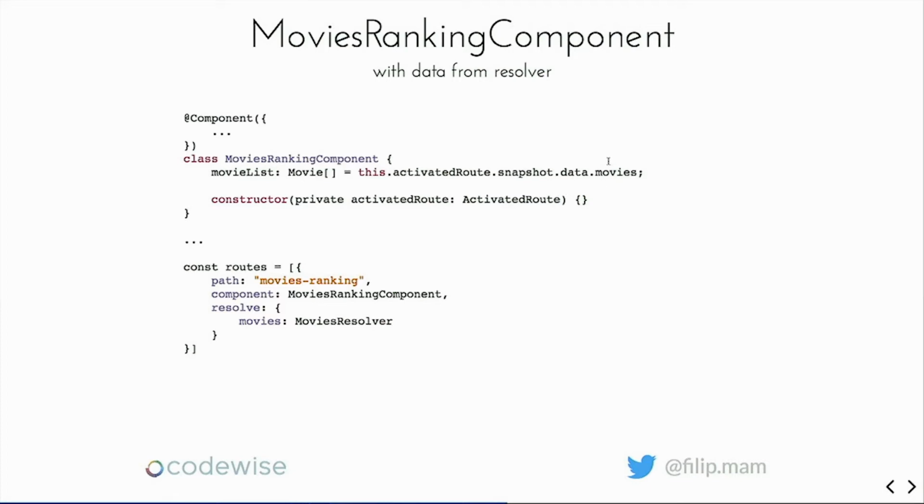So this is the thing that we are going to use here. And I'm using snapshot here, which is like a static object with data, but you can as well subscribe to that data, because if I would backspace it, we would get an observable, so we would have to subscribe to it, but it'd still be faster than getting the data from an external API. Yeah, so that's all about creating a resolver into the component.